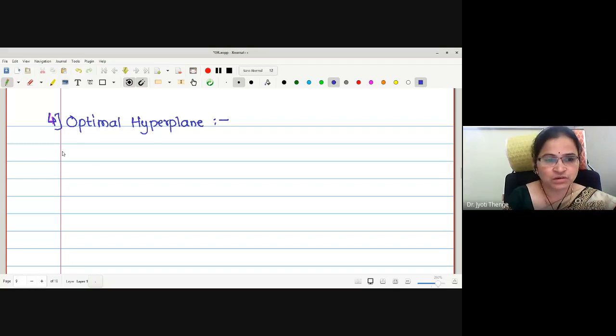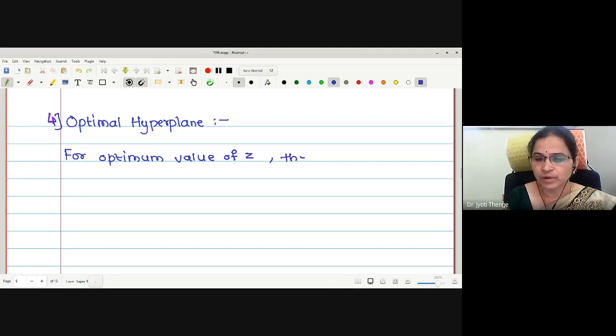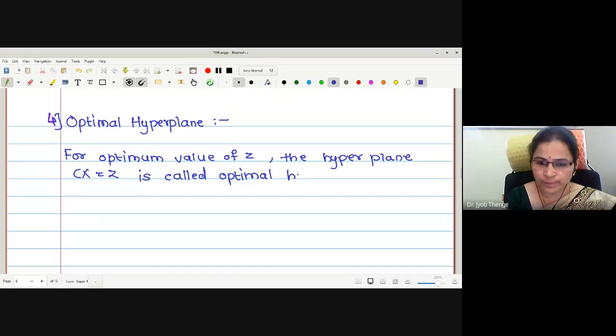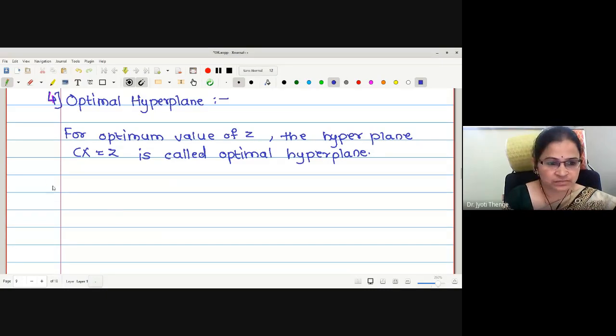Therefore, the definition is: for the optimum value of z, the hyperplane Cx equal to z is called an optimal hyperplane. Okay. Now the next definition is half spaces.